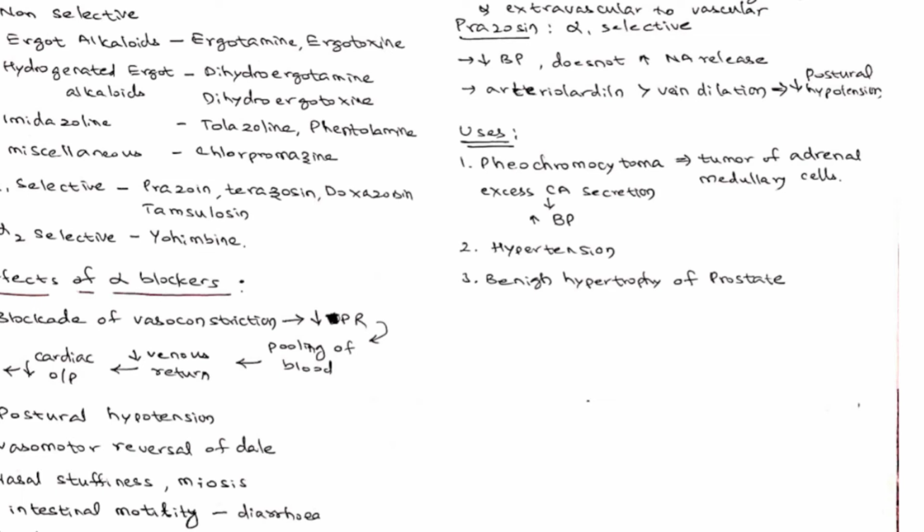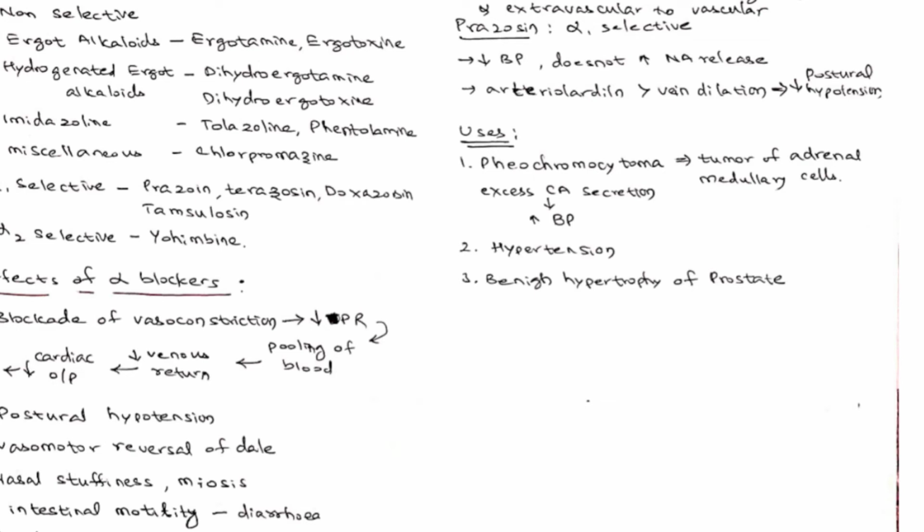Phenoxybenzamine has adverse effects of postural hypotension, but prazosin, as it is alpha 1 selective, does not increase noradrenaline release. So BP will be reduced, but postural hypotension is not seen.